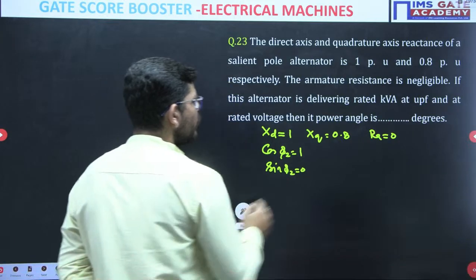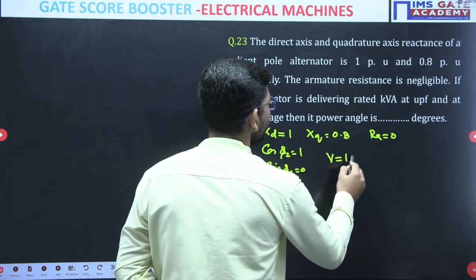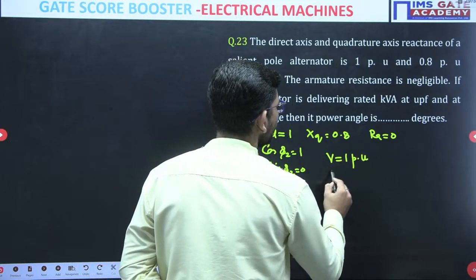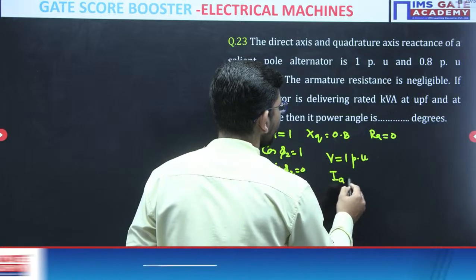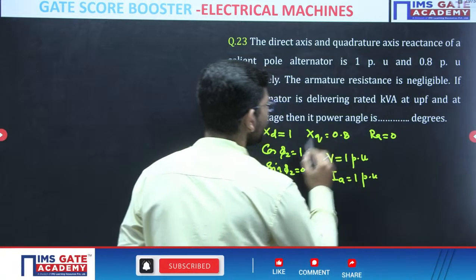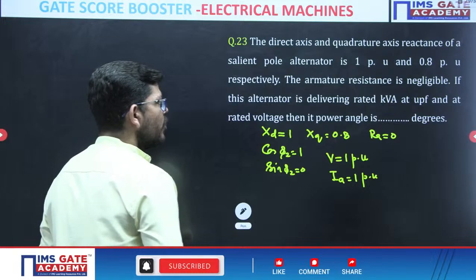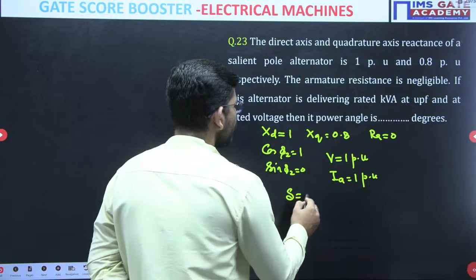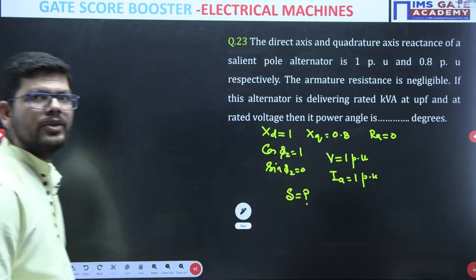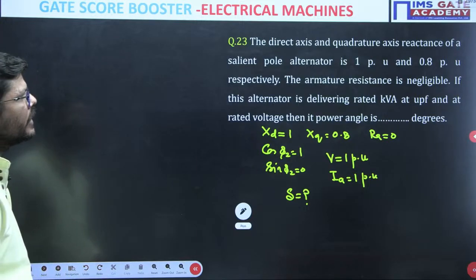At rated voltage, per unit values are given, so you can take V as 1 per unit, you can take I as 1 per unit. Then what will be the power angle? You have to calculate the del value. Okay, and it is an alternator.